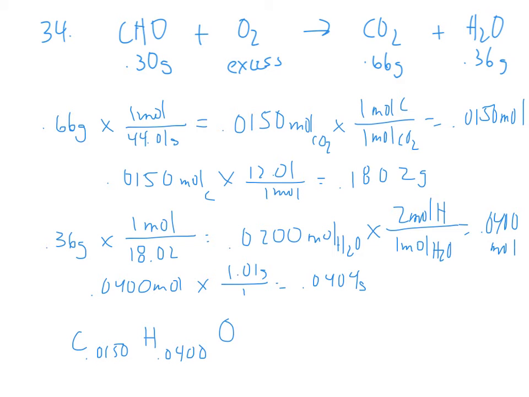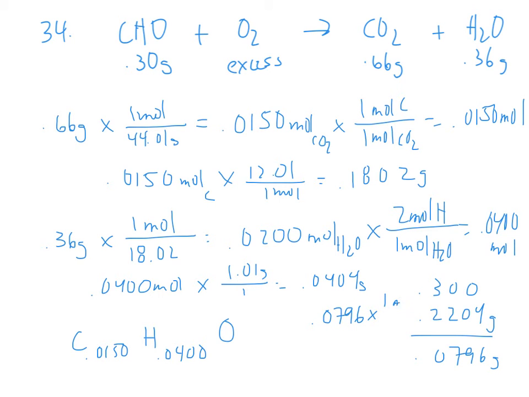If I add these 2 amounts together, I get 0.224 is the grams of hydrogen and carbon out of my 0.300 sample. So now if I subtract that, that means 0.0796 grams should be my oxygen. Well, if I have 0.0796 grams of oxygen, I'm kind of running out of space here.